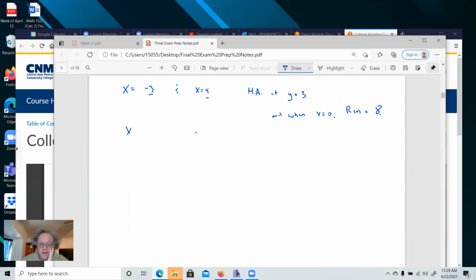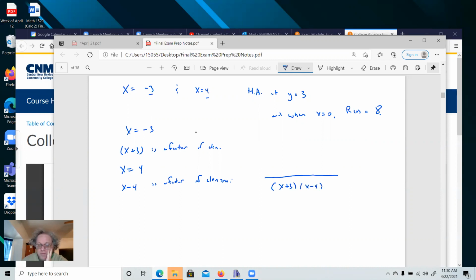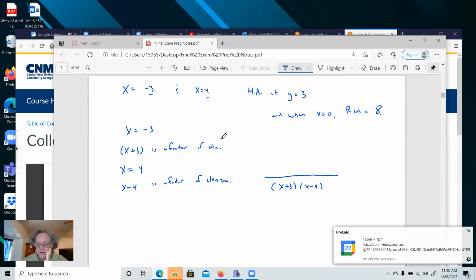So x equals -3 means that x plus 3 is a factor of the denominator. x equals 4 means that x minus 4, push it over to the other side, is a factor of the denominator. So right now what we have is x plus 3, x minus 4. That's what my denominator looks like. That's great.